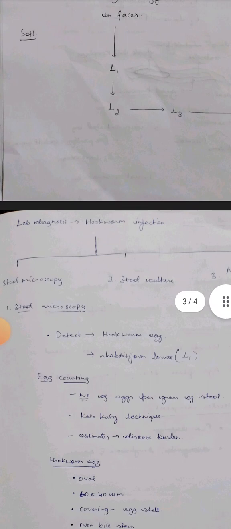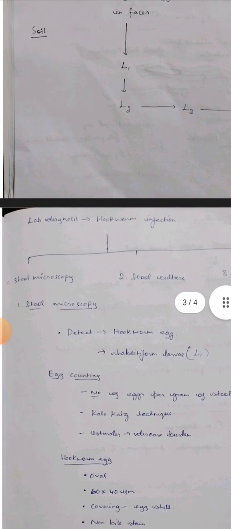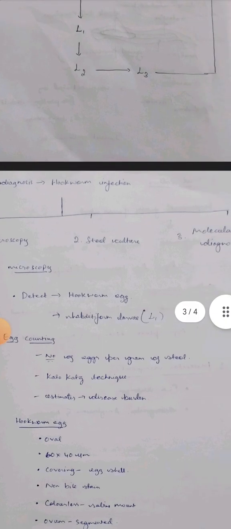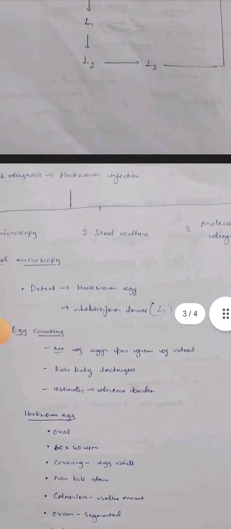Lab diagnosis of hookworm infection. It mainly consists of three stages: stool microscopy, stool culture, and molecular diagnosis.